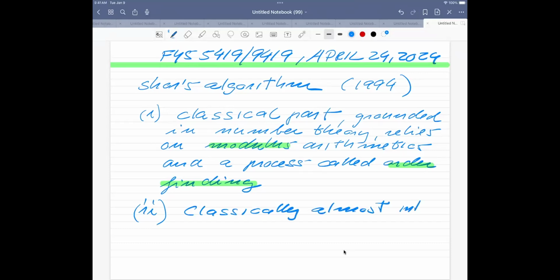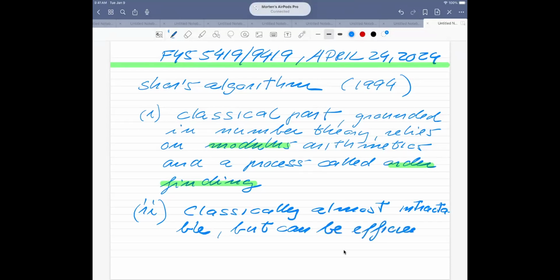It can be done, but it's almost intractable to decode if you don't have the right information. But it can be efficiently implemented if you have a probabilistic quantum algorithm.